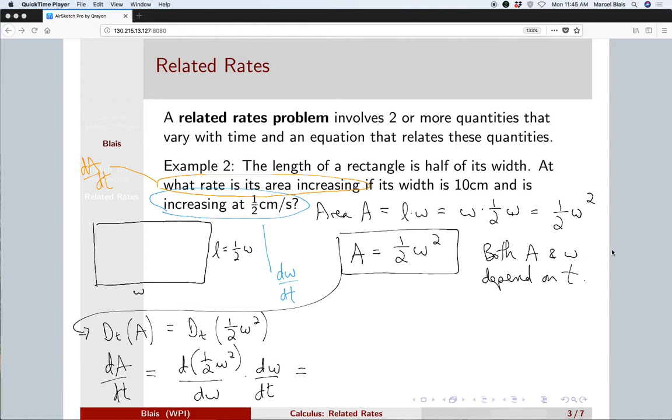So this becomes, using our power rule for this w derivative, 2 comes out front, and we just get w times dw/dt. But what we now have is an equation relating the rates of change that we're interested in. And remember, what we're asked for is this rate of change in the area at this particular instant.